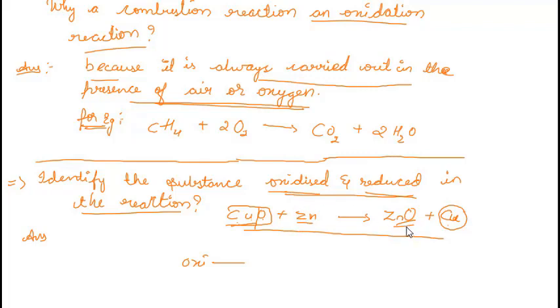From the reactant side, oxygen went to the zinc, so zinc is the oxidized substance, and copper oxide is reduced to copper. So the reduced substance is copper. You will see this kind of question in your examination.